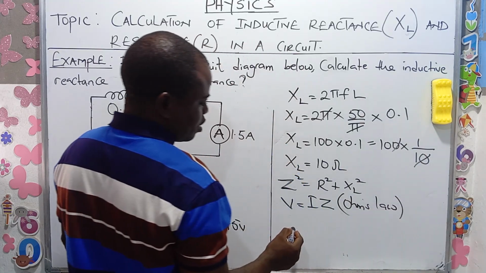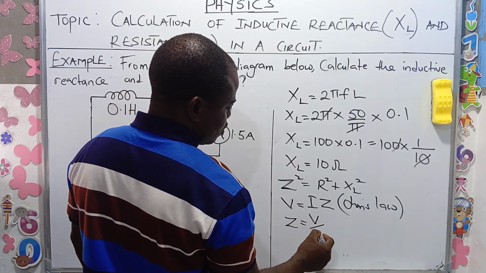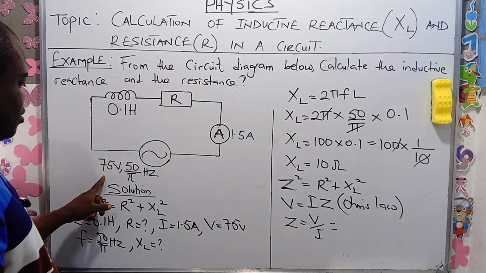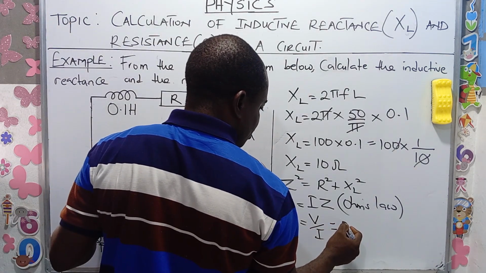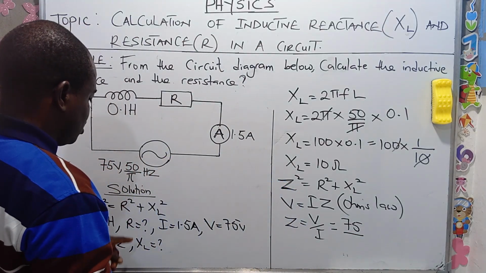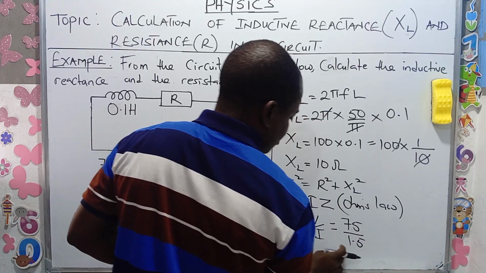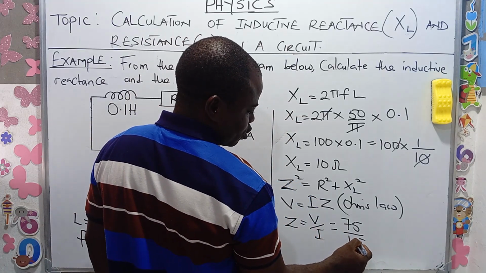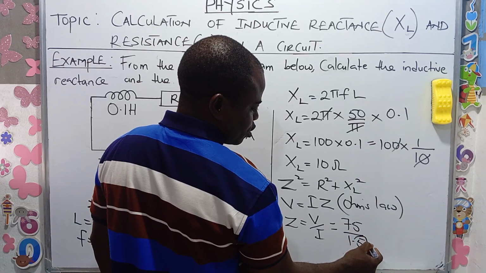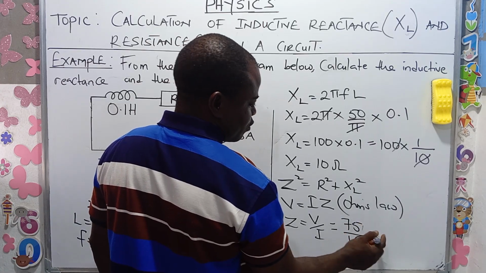Now let's make Z the subject of the formula. Z equals V over I. What's our potential difference? The voltage, 75 over current, that is 1.5. Now you want to remove the decimal so that we can divide it. Shift once, and when you shift once, you add a zero to 75.